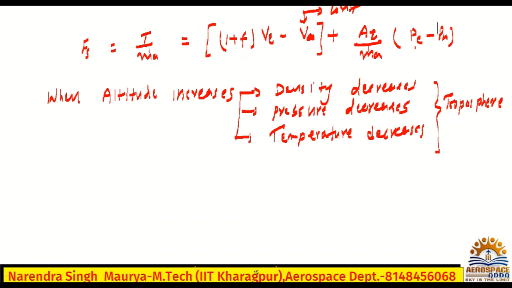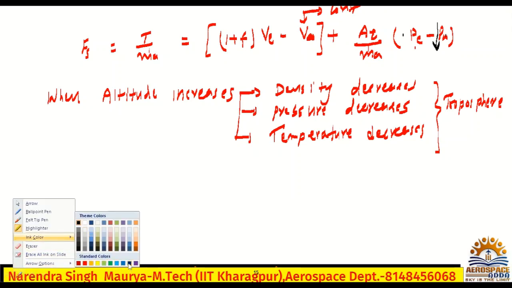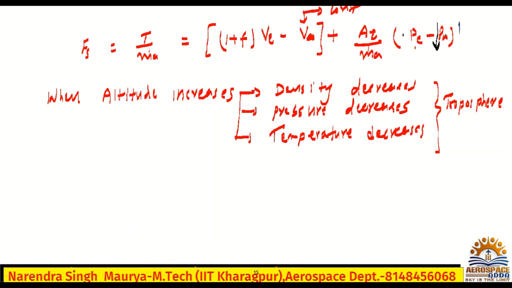I'm talking about P infinity, not Pe. P infinity will be decreasing, so the overall value of the bracket will be increasing because it is the difference. If the bracket value is increasing, then automatically specific thrust will be increasing.